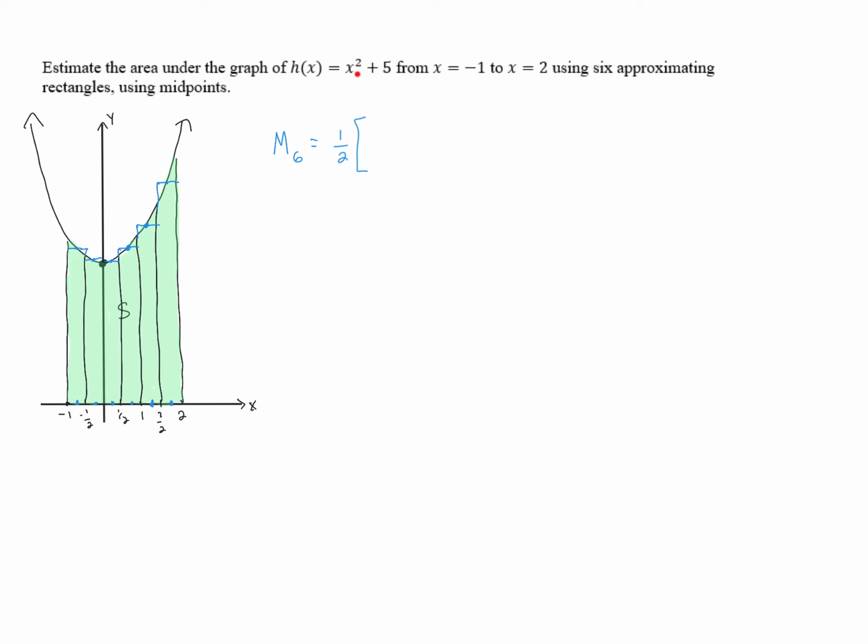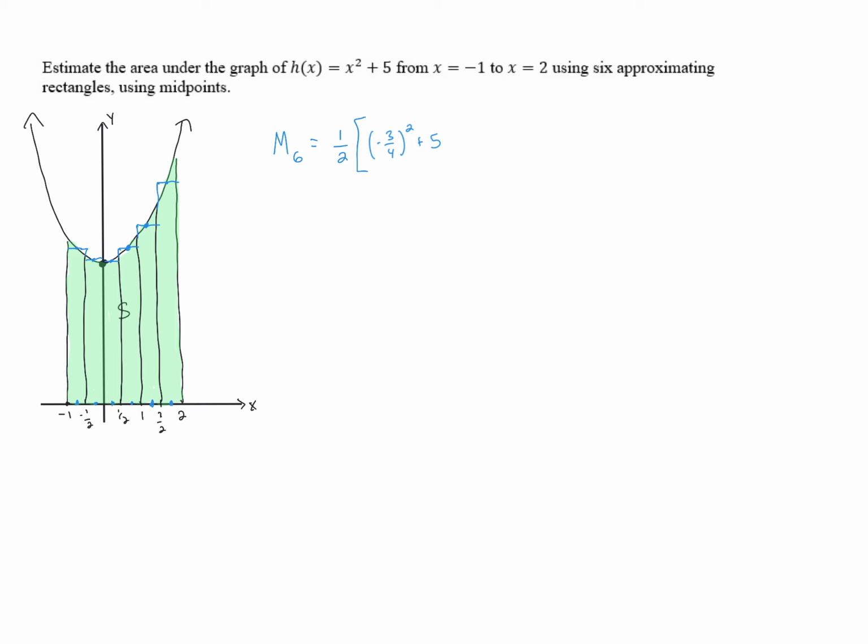And then the heights of them are going to be this function evaluated at all of these midpoints. The function is x squared plus 5. So let's figure out what these midpoints are. The midpoint between -1/2 and -1 is -3/4. So that first one is going to be -3/4 squared plus 5.